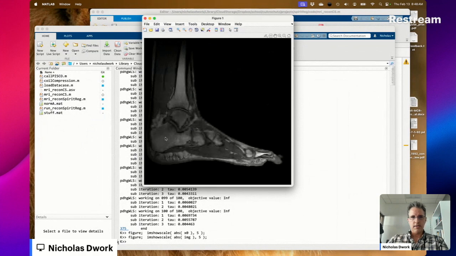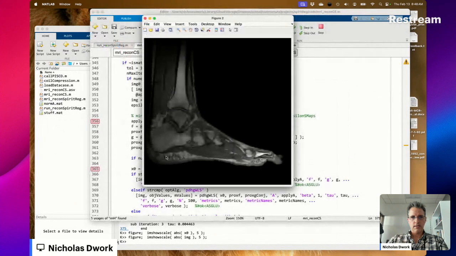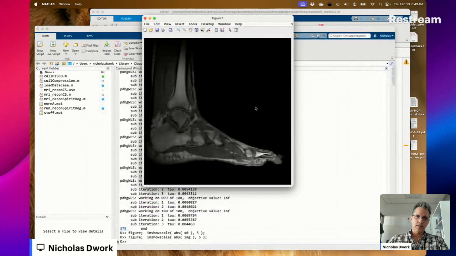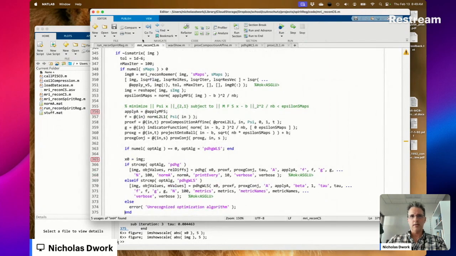Like, look in here. That's doing a decent job. These artifacts are terrible. Look in here, this is all great. Okay, so that's at least doing better. With 30%.